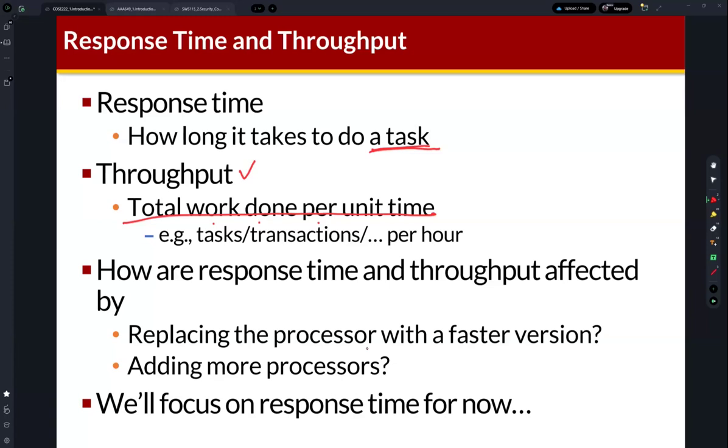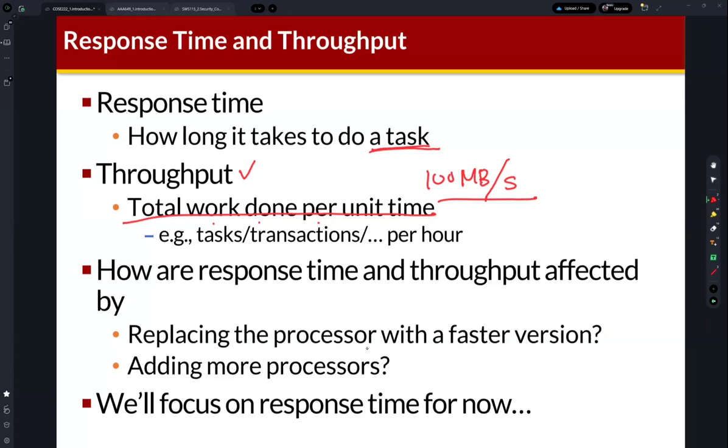For example, if a computer system processes certain data, then we can measure the amount of data processed during the unit time, for example, 100 megabytes of data per second. This is an example of throughput.